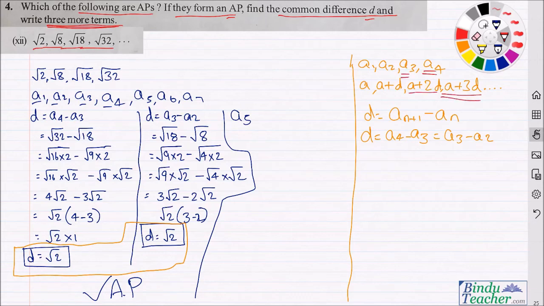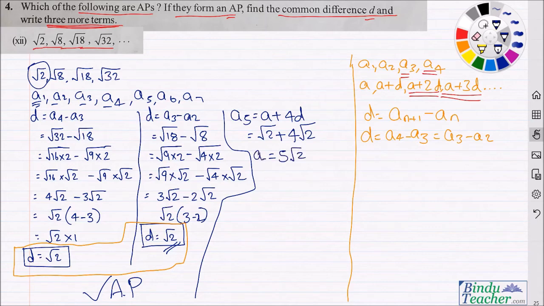For a3 it was a plus 2d. Similarly for a5 it will be a plus 4d. Now the value of a we know is the same as a1, which is root 2. So I'll write root 2 plus 4 into, again, d, whose value we have seen is root 2. So this is root 2 plus 4 into root 2, which gives us 5 into root 2. So this is the value of a5.